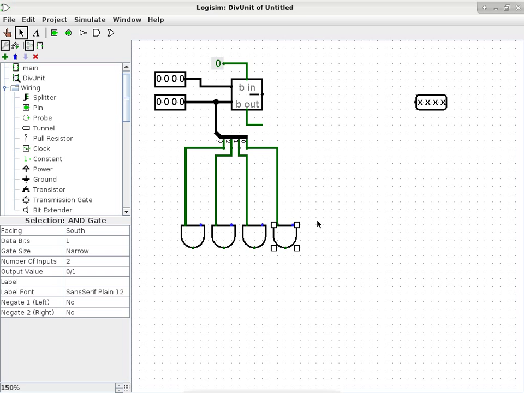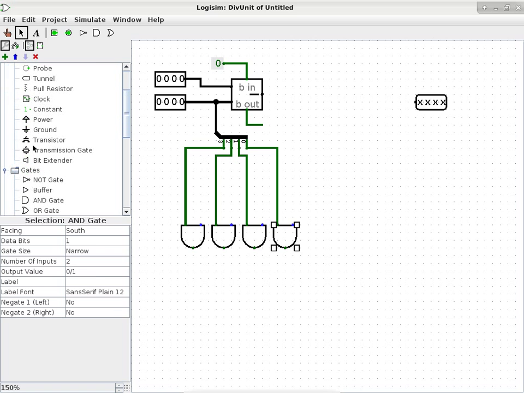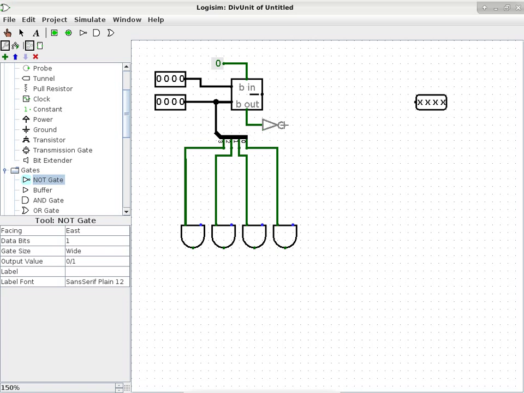So here you have 2 choices. You can either negate the input here, or you can just negate the borrow out before you put it into the AND gate. I'm just going to do it the other way, which is to negate it first, and then just use this one wire to go into all of the AND gates.